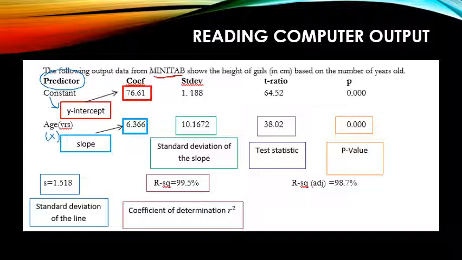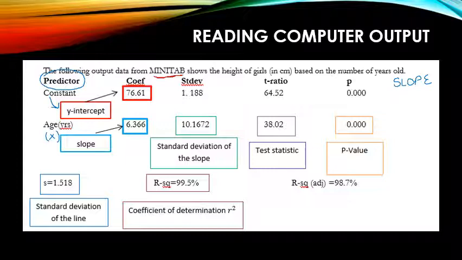Okay, the next column is our standard deviation. When we are doing linear regression, it's all about the slope. We don't care about the y-intercept. This top row is my y-intercept row, and my second row is all about the slope.